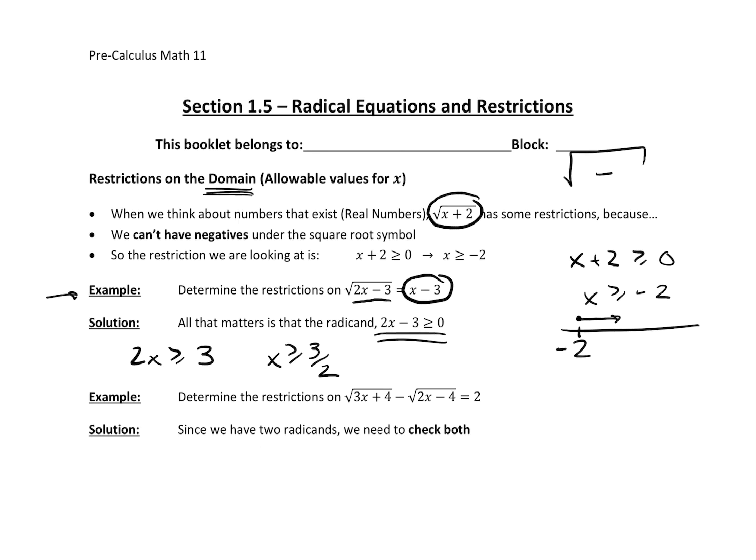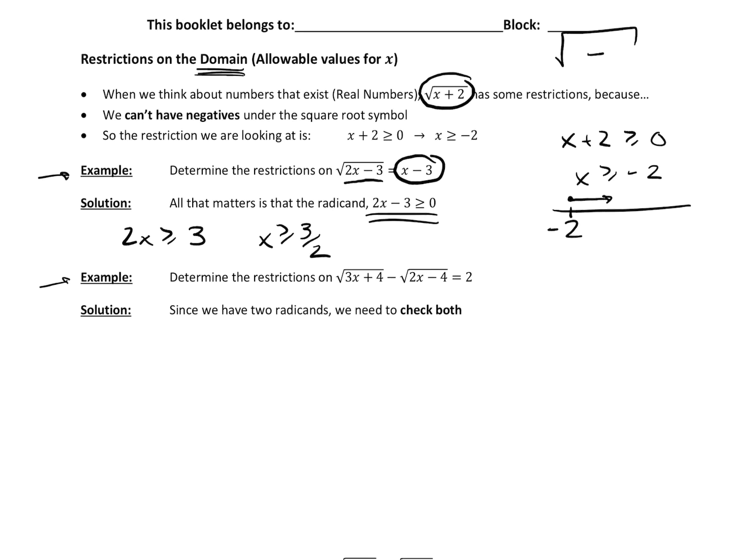If you look at the next example, now in this case, we have two radicals. So we need to check both things. X, we need to satisfy this and this. You can't be negative in either one. So first we'll look at this. 3x plus 4 has to be greater than or equal to 0. 3x has to be greater than or equal to negative 4. X has to be greater than or equal to negative 4 over 3.